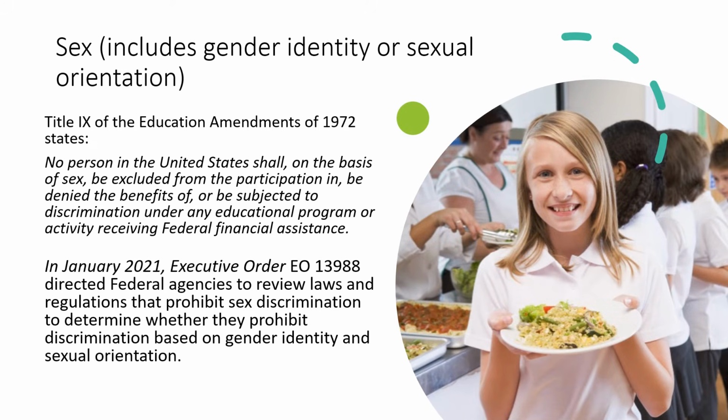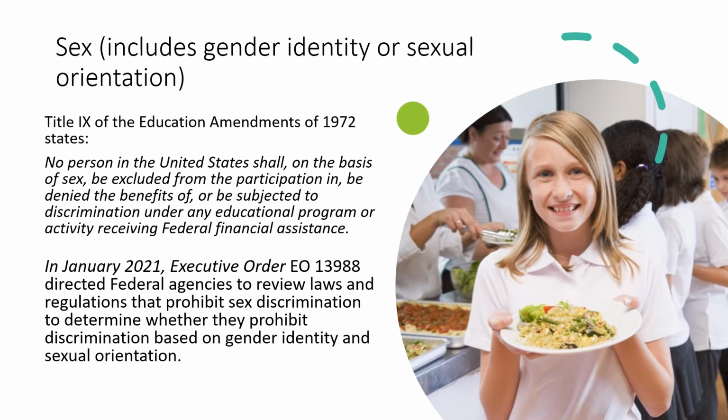Title IX of the Education Amendments of 1972 is designed to eliminate discrimination on the basis of sex in any education program or activity receiving federal financial assistance, whether or not such a program or activity is offered or sponsored by an educational institution as defined by the legislation.